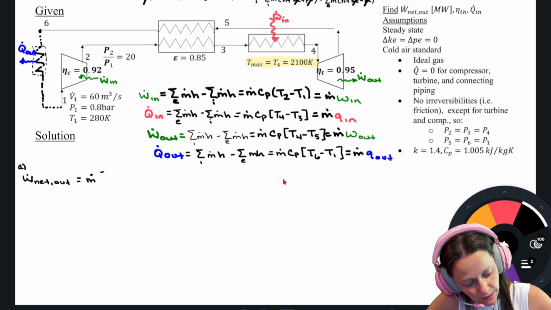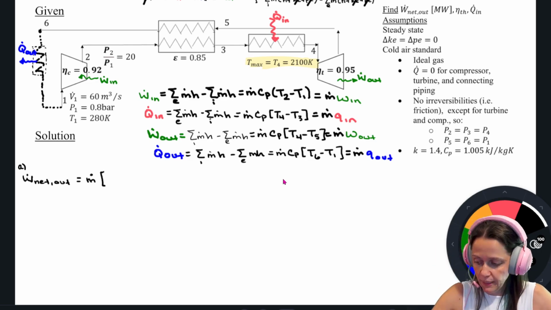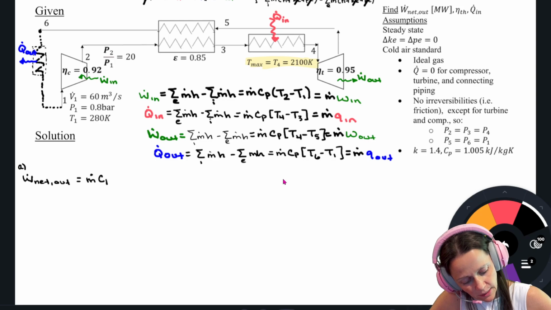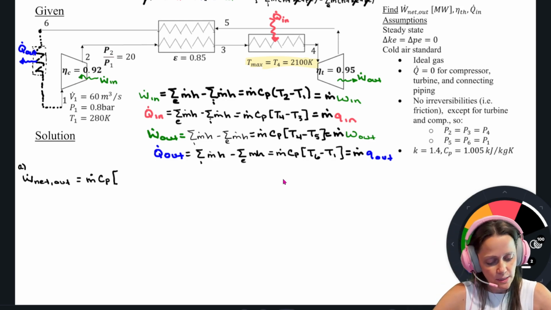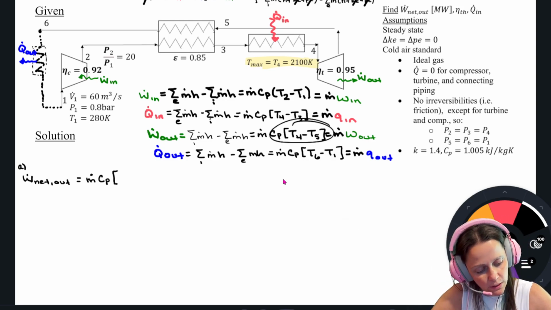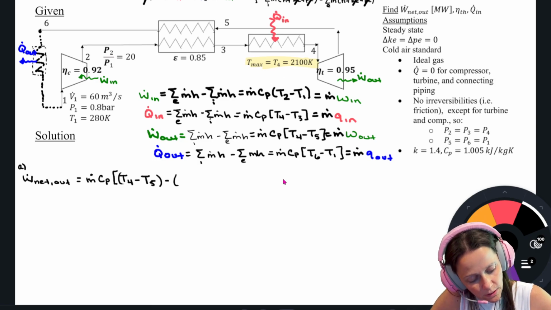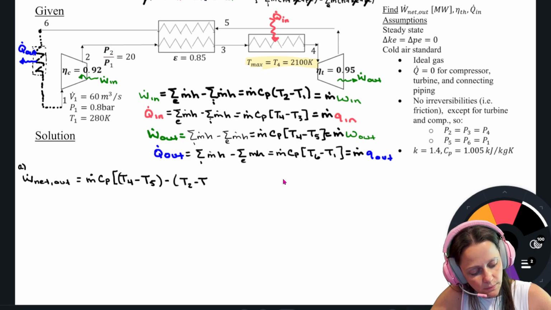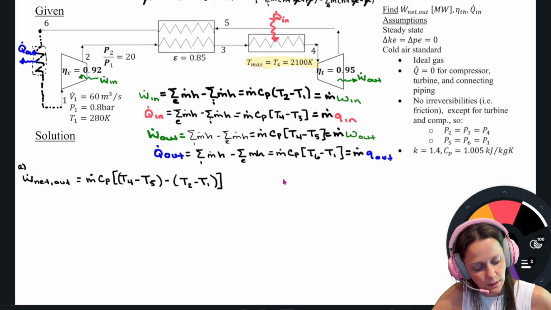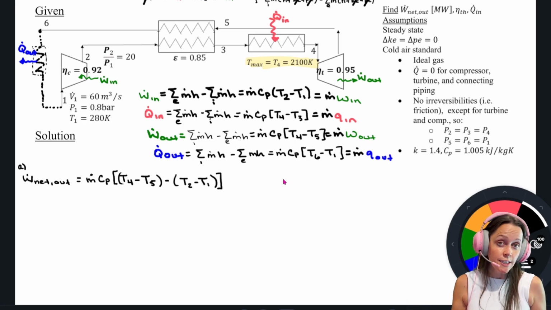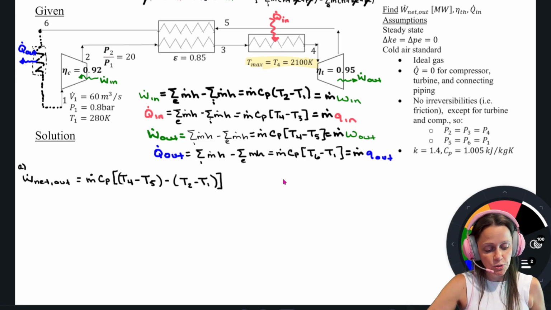So I have m dot, actually there's going to be a Cp on the outside of all of this. So it's going to be the stuff going out, T4 minus T5, minus the stuff going in, T2 minus T1. All right, so clearly I'm going to need to find those temperatures.